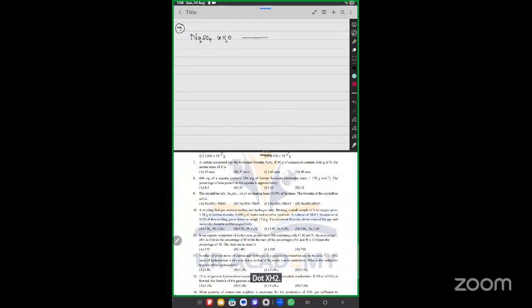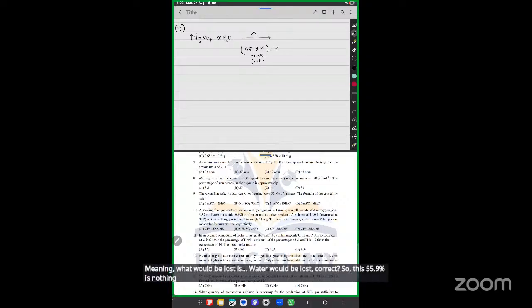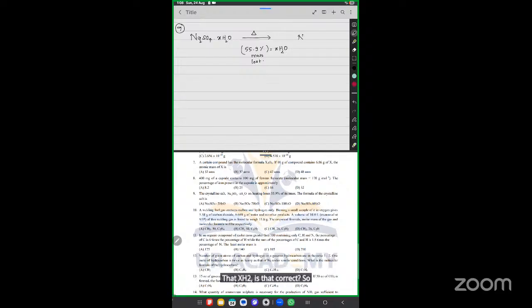On heating it, 55.9% of the mass is lost. Meaning, what would be lost is water, correct? So this 55.9% is nothing but the mass of that XH2O. So you will be having only Na2SO4 after heating it. So the percentage of XH2O is 55.9%.